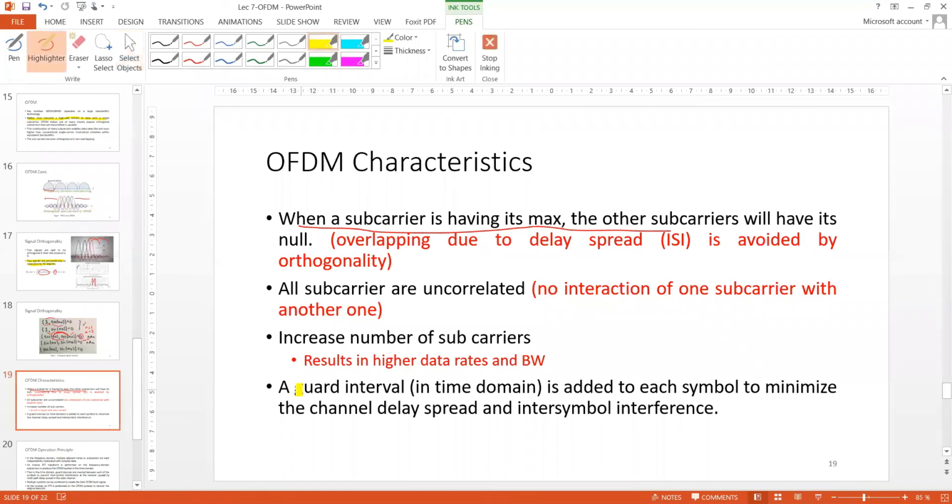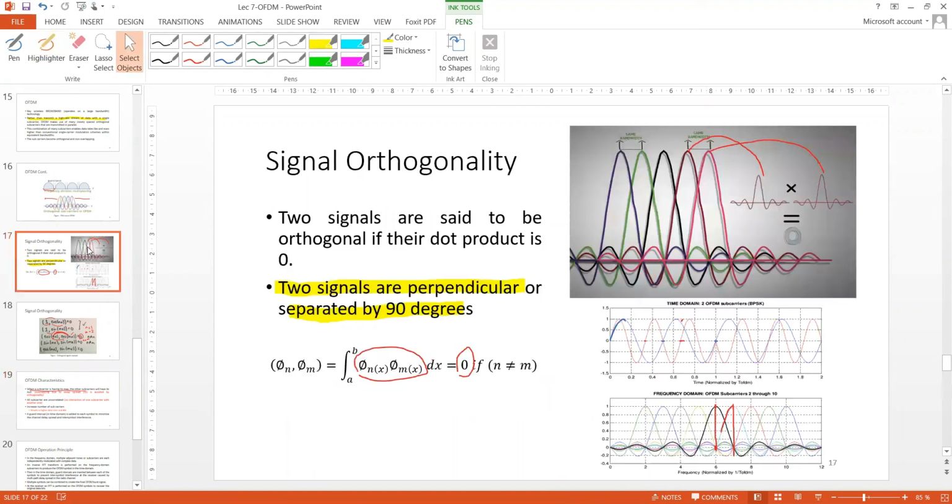However, guard band intervals are introduced in between the subcarriers in the time domain in order to mitigate the problem of inter-symbol interference. We have orthogonality between adjacent subcarriers, and this orthogonality means that whenever one subcarrier is at its maximum value, all other subcarriers will be at their zeros.